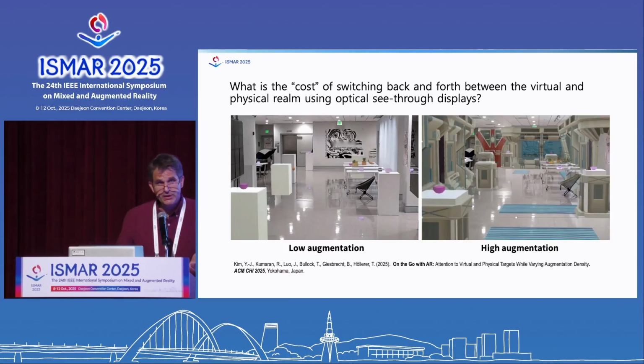All right, let me give you another motivating example. This one is from work in my lab on mobile augmented reality. We presented this work at CHI in Yokohama earlier this year. This was users taking part in an AR treasure hunt where the search targets were either physical Philips Hue lamps or virtual replicas that we tried to make appear as closely as possible to the physical thing.